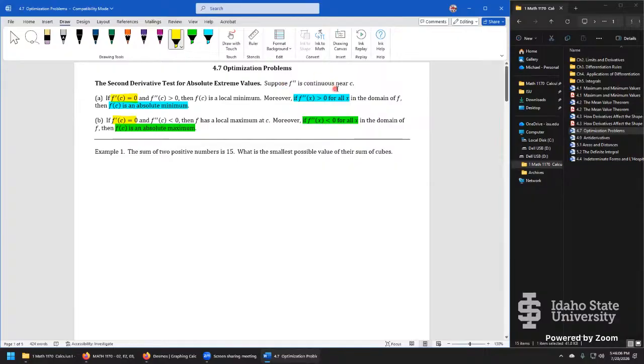If the second derivative is positive for all x in the domain, then we have an absolute minimum. So we're not saying positive at the critical number. We want always positive, no matter what.